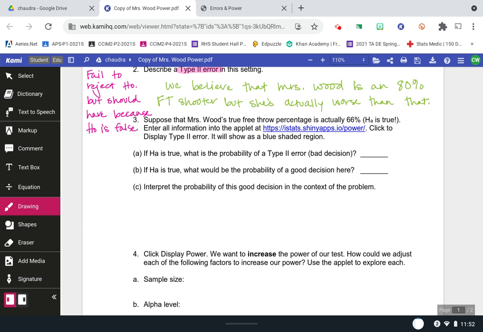Okay, number 3, suppose that Mrs. Wood's true free throw percentage is actually 66%. So I lied. I'm not really an 80% free throw shooter. So when we're doing this situation, in order to run calculations with type 2 error and power and all that stuff, this value here, we have to be given that value.